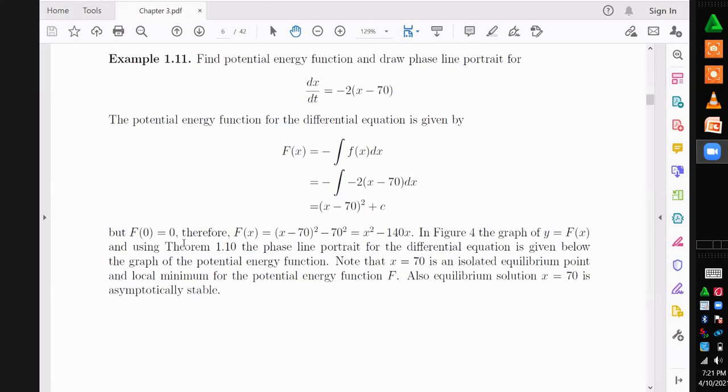So using this initial condition, C is minus 70 square. Now just simplify: F is (x minus 70) square minus 70 square. So this is just x square minus 140x. So this is the potential energy function for this differential equation.